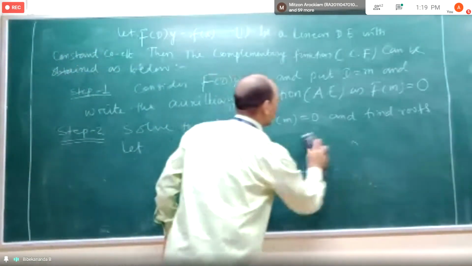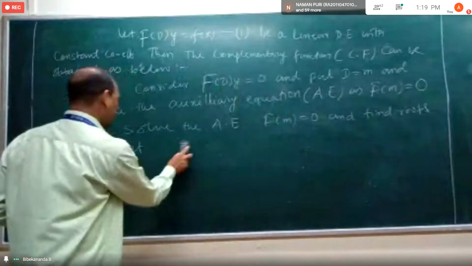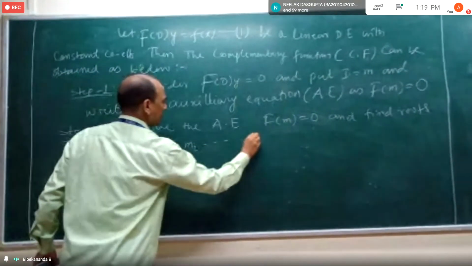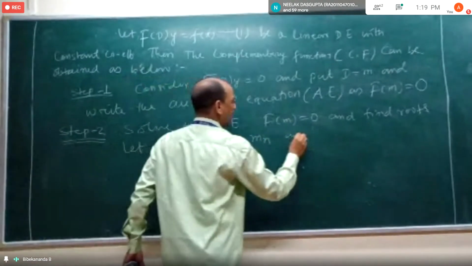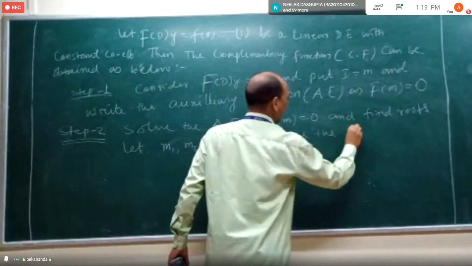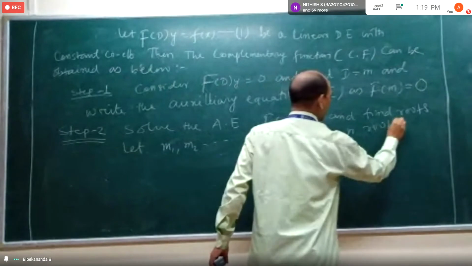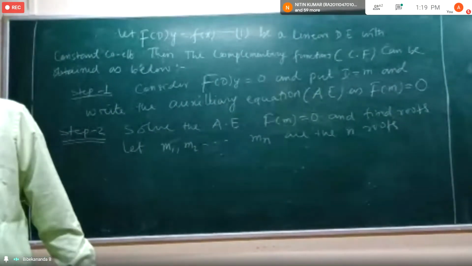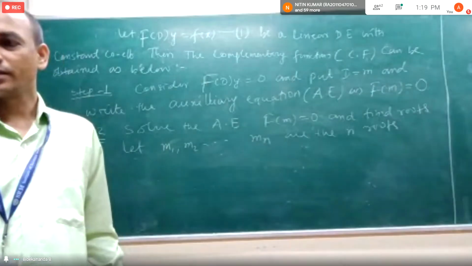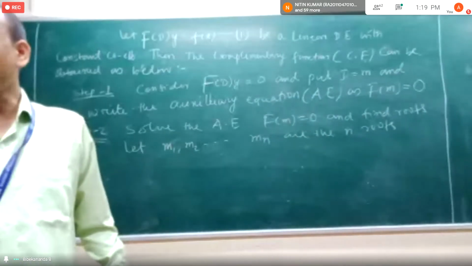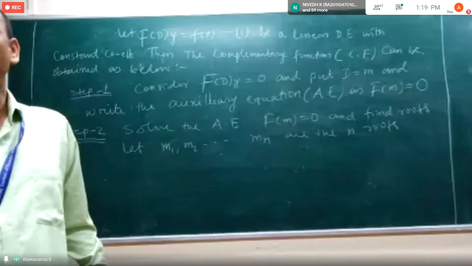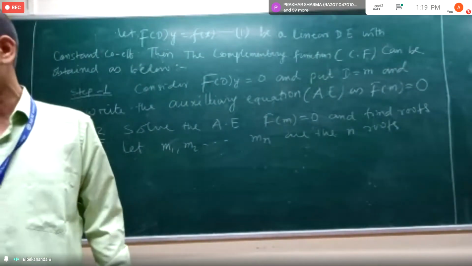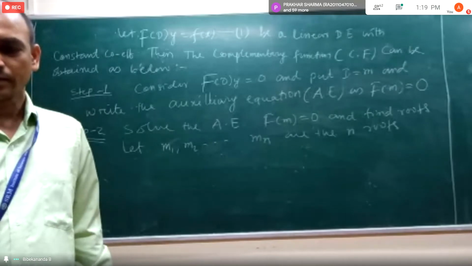So you write and find the roots. Let m1, m2, and so on, mn be the roots. Why are m1, m2, mn n roots? Because the degree is n. If it is a second degree equation, how many roots will there be? 2, sir.